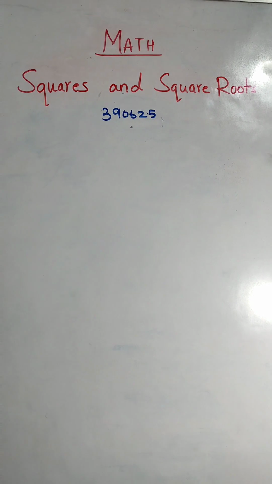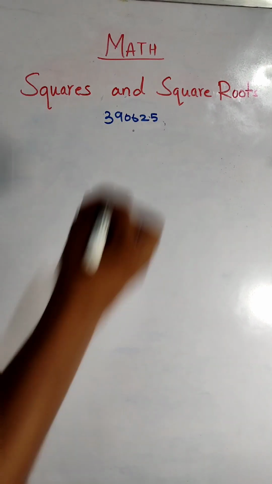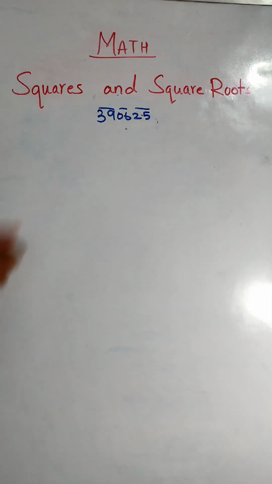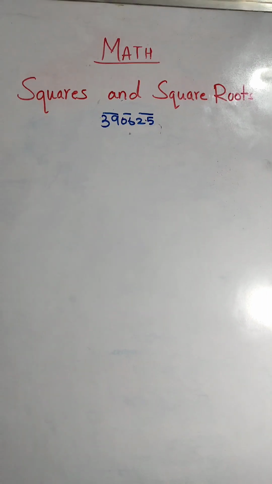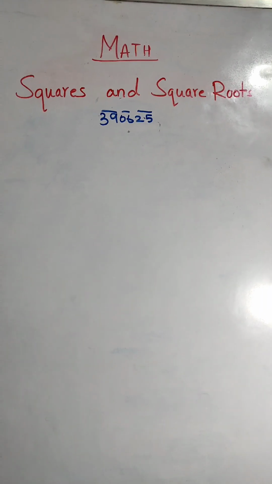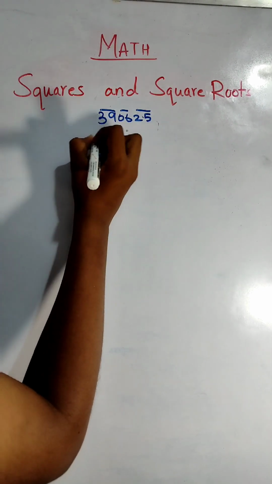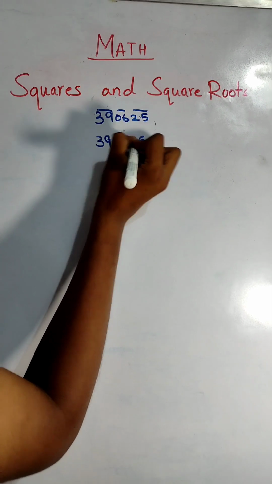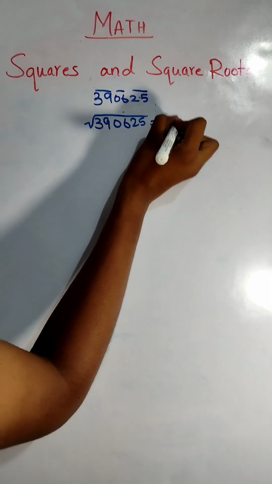Remember that 625 has exactly 3 digits, which means let's start putting the bars, and now we can see that we get exactly 3 bars and no extras, which means we have 3 bars equal to 3 digits. And as we have 3 digits, we already know that 390625's square root is equal to 625.